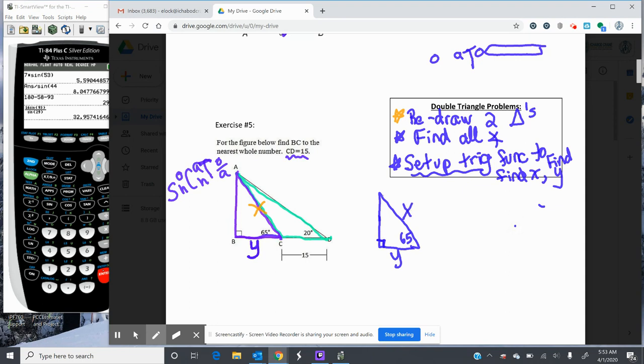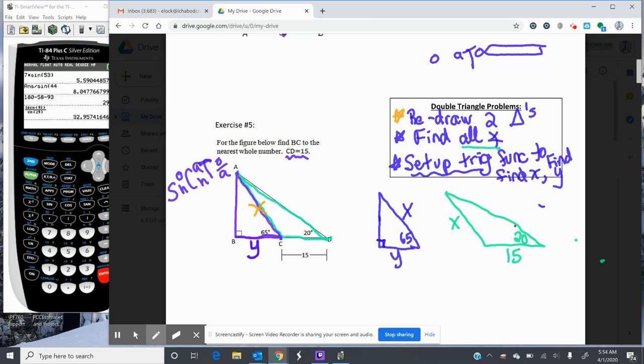And across its hypotenuse next to the 65, there is side X. Then our second triangle is the oblique triangle that has no right angle. It has a measure of 15 down here, an angle of 20 degrees.